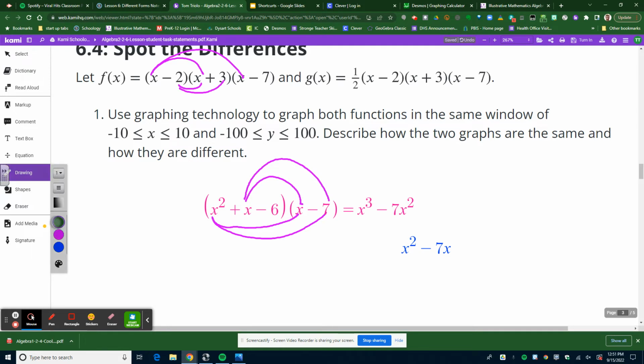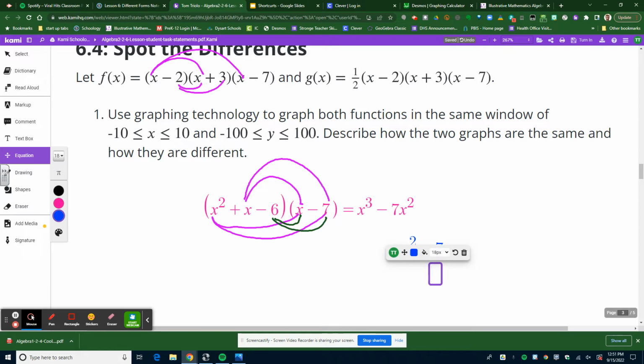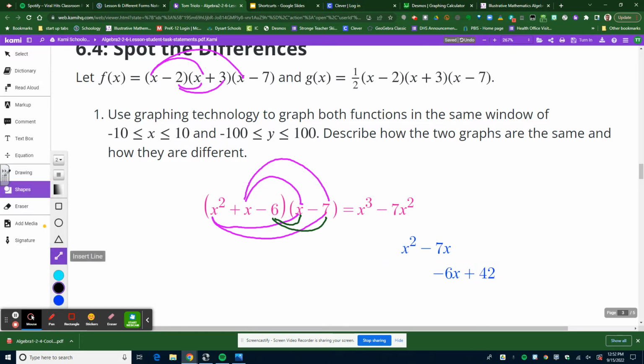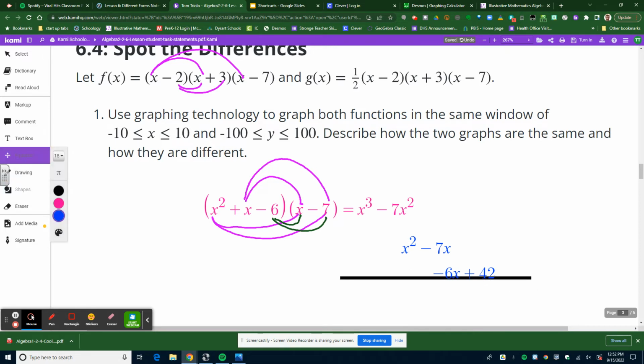Let's go green. So 6 times x and 6 times 7. So 6 times x is minus 6x. -6 times -7 is plus 42. I'm going to use my shapes tool. I'm going to make this nice horizontal line. Line everything up. Put my answer down here.